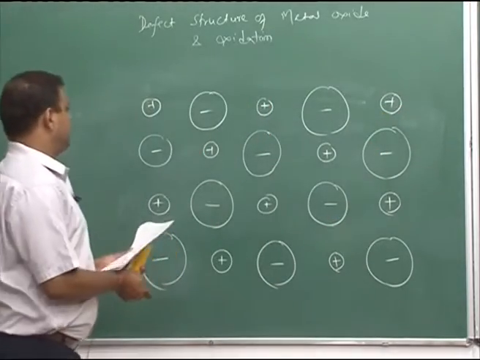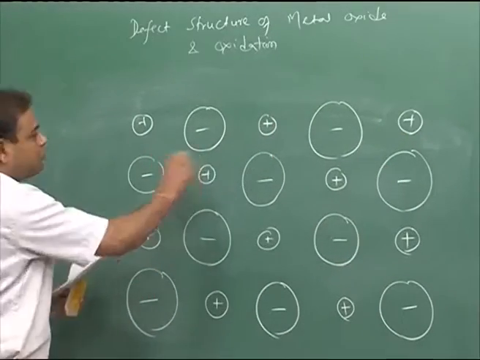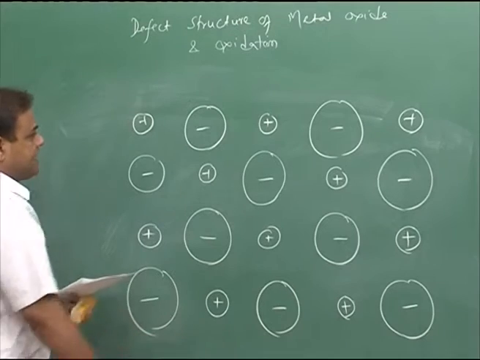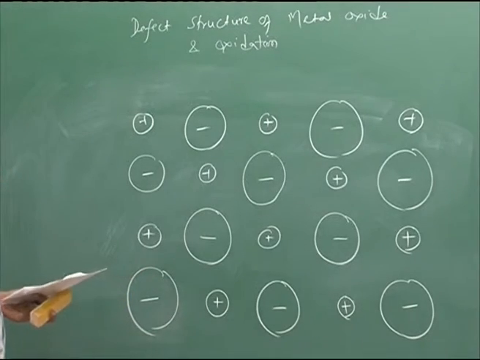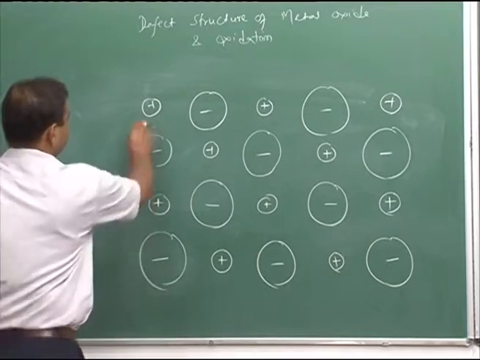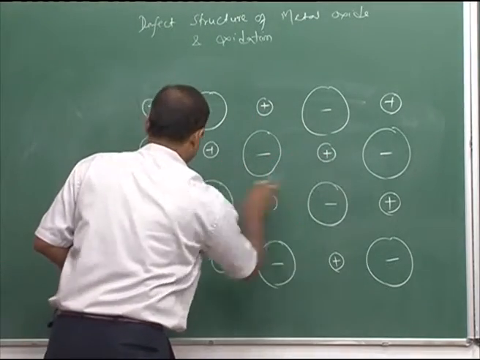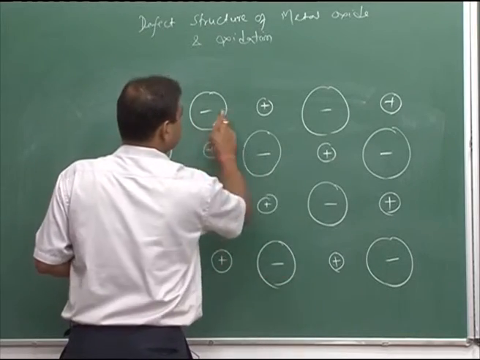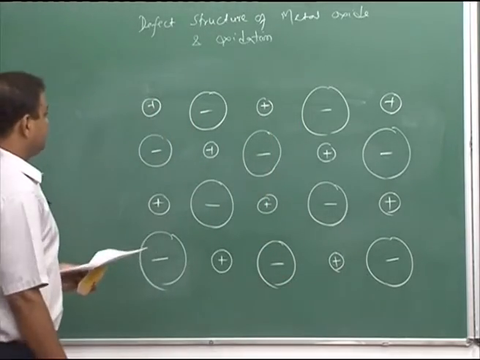So, we see that there is a small part of that particular oxide where we have the same number of cations and the same number of anions. Counting 1, 2, 3, 4, 5, 6, 7, 8, 9, 10, and 10.